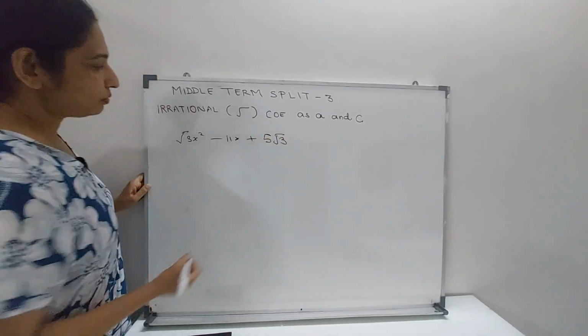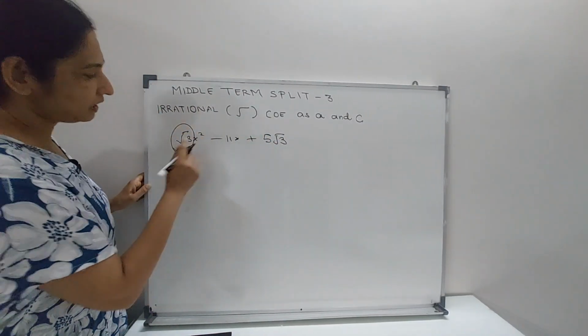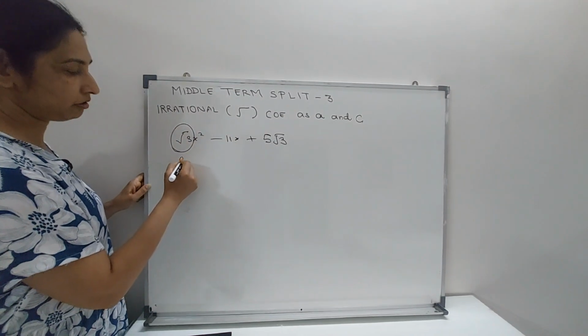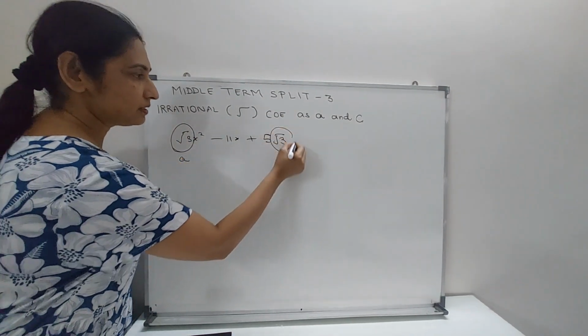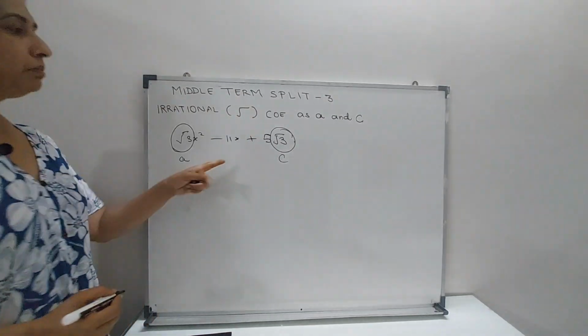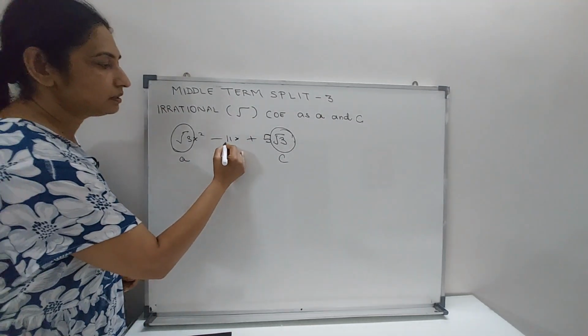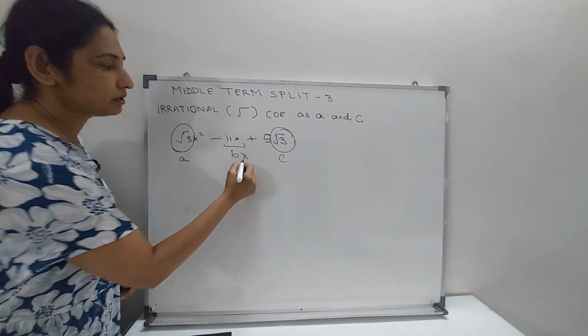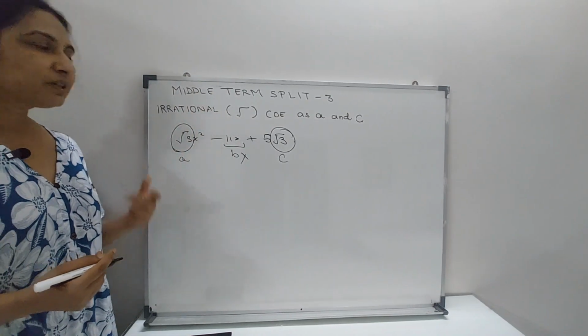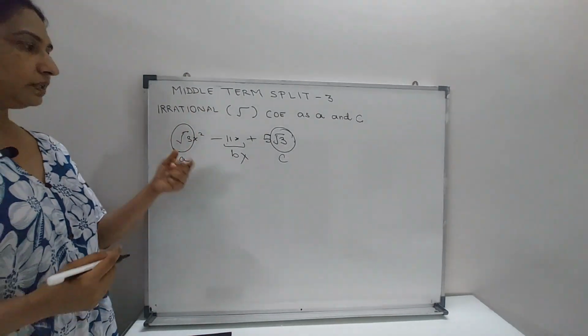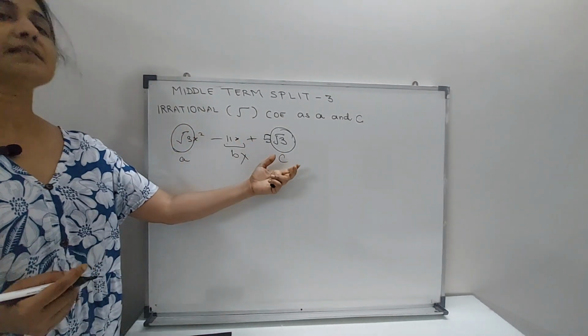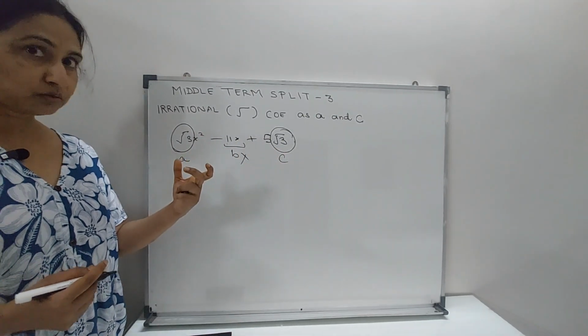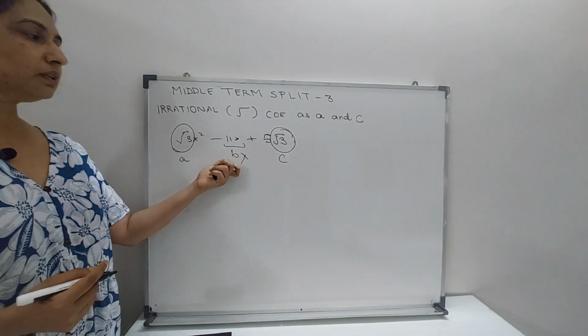So the A term has a root, the C term has a root, but the B term does not have a root. So in this episode, we'll be dealing with such questions where A and C have root coefficients, but B doesn't.